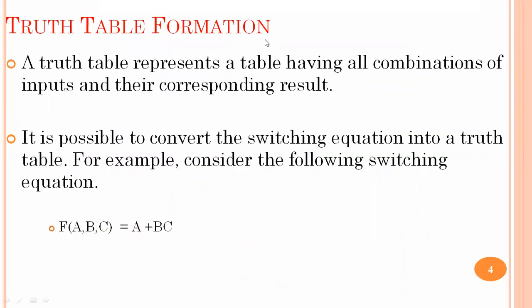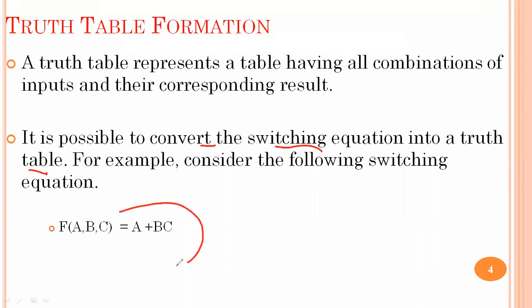Truth table formation represents a table having all combinations of inputs and their corresponding results. So in the truth table, we have the expression and then the results, and we see what type of results there will be. It is also possible to convert the switching equation into a truth table.